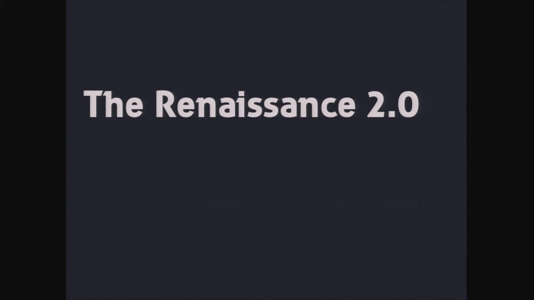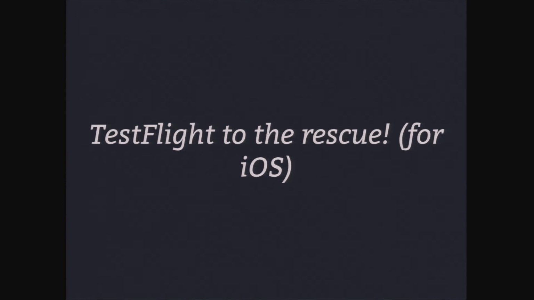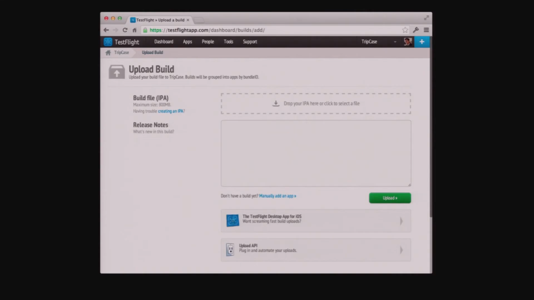Anyway, the next thing is the second renaissance, TestFlight. TestFlight is a cool service that lets you, once you build the IPA, upload that IPA to the service. And this isn't PhoneGap specific or anything, so you can use it even if you build regular native apps.